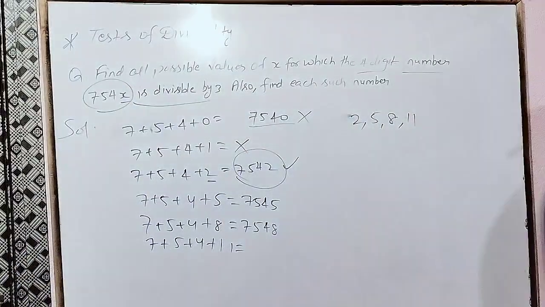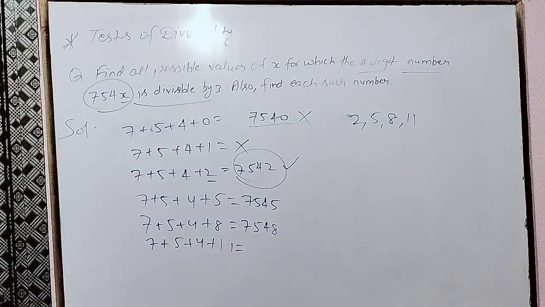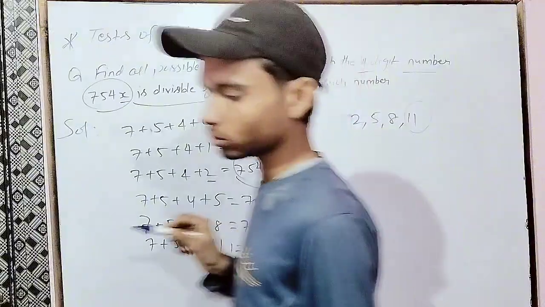You can say how it came. But 11 is not a digit.